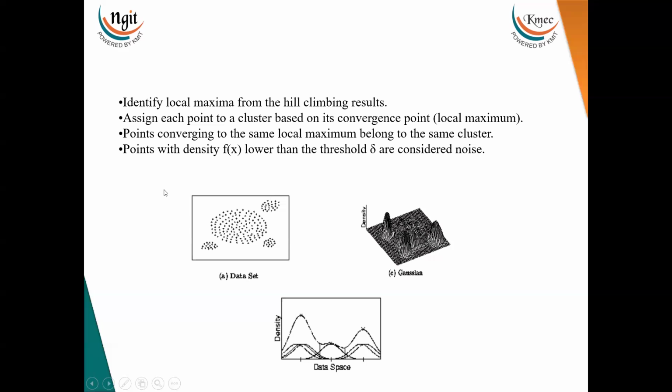The points which have a density lower than the threshold are considered noise points. Suppose you have a point x, and its value is less than the given threshold value, then we say that it's an outlier and will not come under any convergence point or any local maxima point. So using these density based functions, we'll try to find the clusters in DENCLUE.